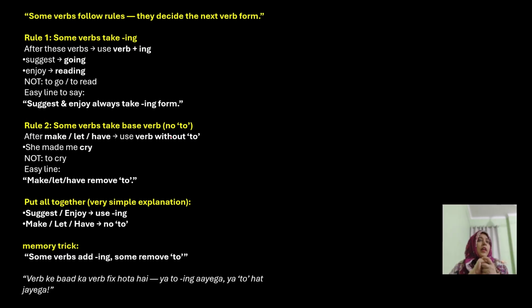Some verbs follow rules. They decide the next verb form. Let's see what those verbs are. Rule 1: Some verbs take ing. After these verbs, use verb plus ing. So these are some of the verbs where you have to put ing at last.